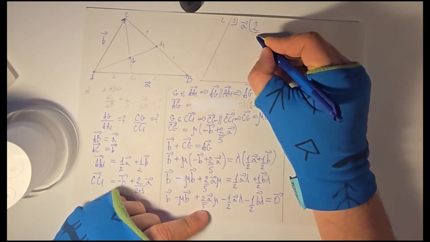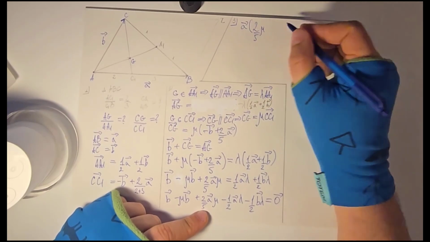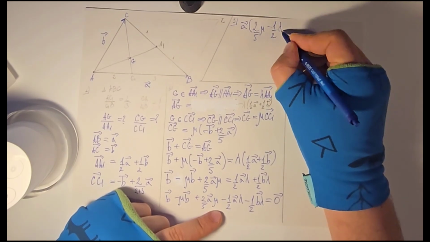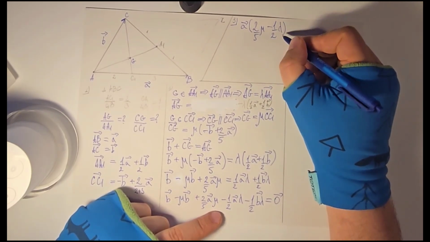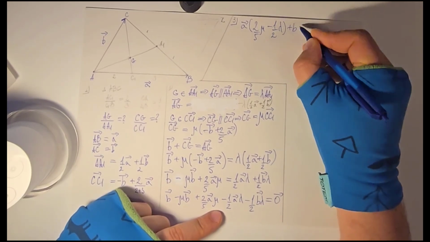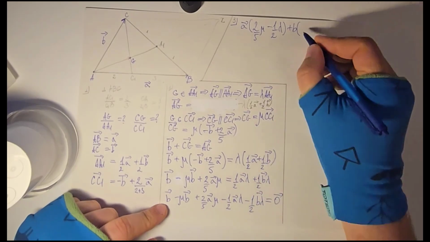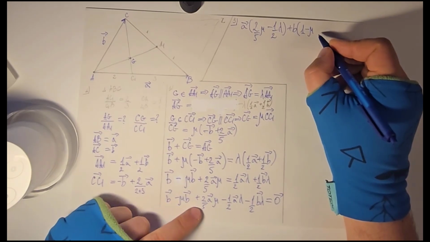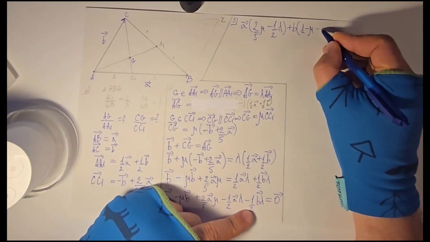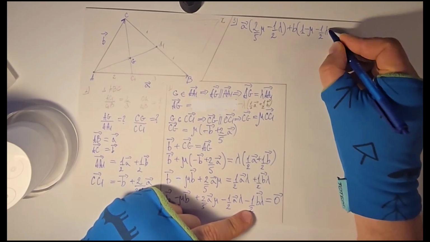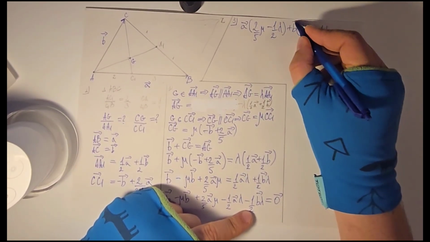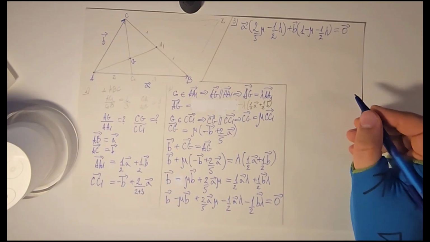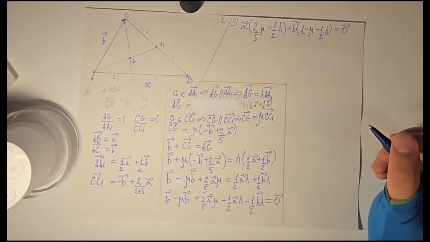Yep. 2/5 mu or mu, depends where you learned it, minus 1/2 lambda, and then the next one would be plus B, and here we should have 1 minus mu minus 1/2 lambda, and all this should be equal to the zero vector. Yeah, makes sense, at least the way we see it.